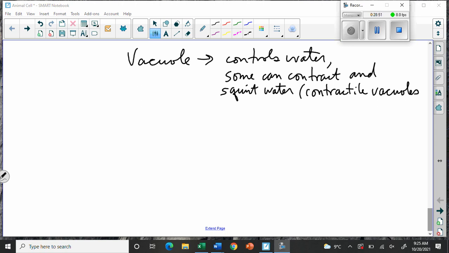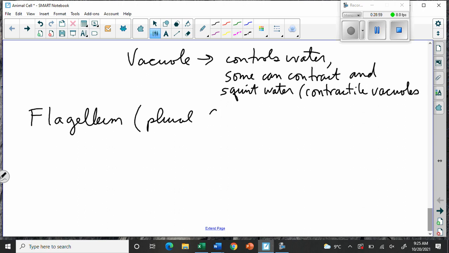The flagellum, we'll do the flagellum next. So one flagellum, or the plural, is flagella, just like the mitochondria, flagella. All right. It's a whip-like structure, sort of like a tail, I guess you could say.